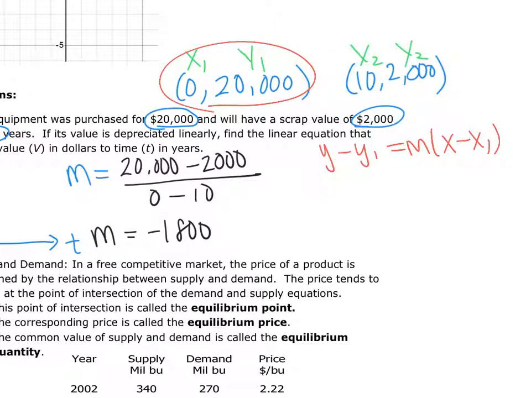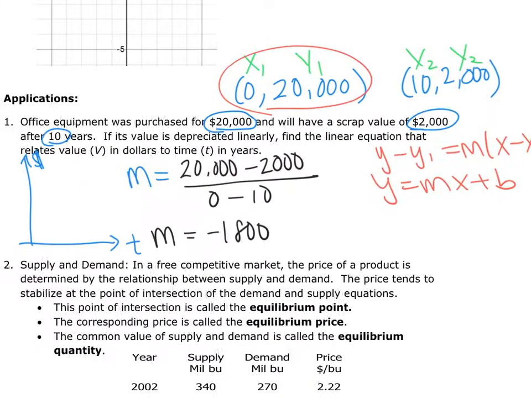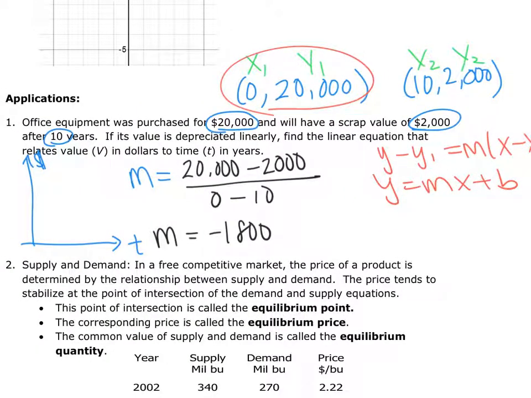Again, the slope-intercept form is y is equal to mx plus b. And so I would put it in that form, but remember, I have these variables. My time right here would be what my x is, and my value, or my dollars, is what my y is.